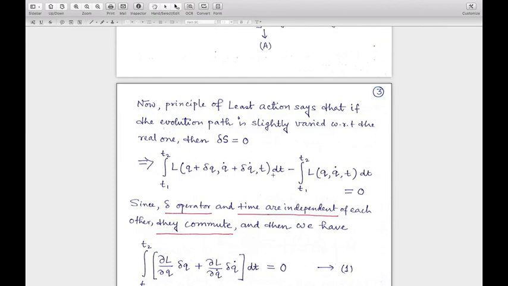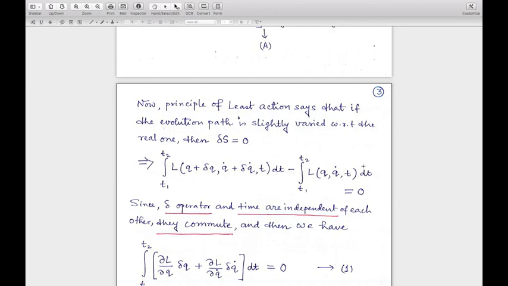So this will be your new Lagrangian, L of q plus delta q, q dot plus delta q dot, and t, and the integral of this over time will give the corresponding action.